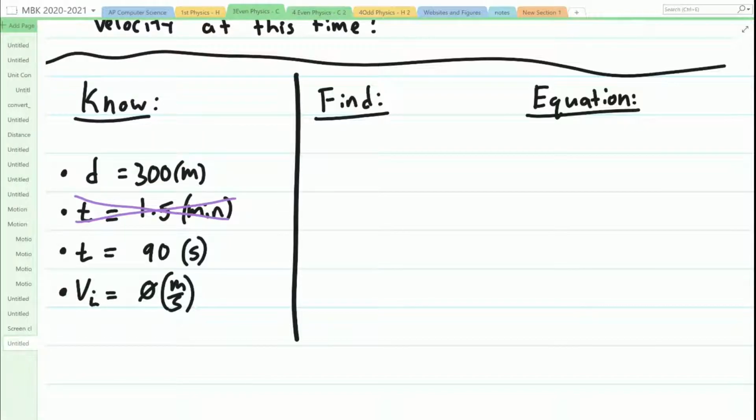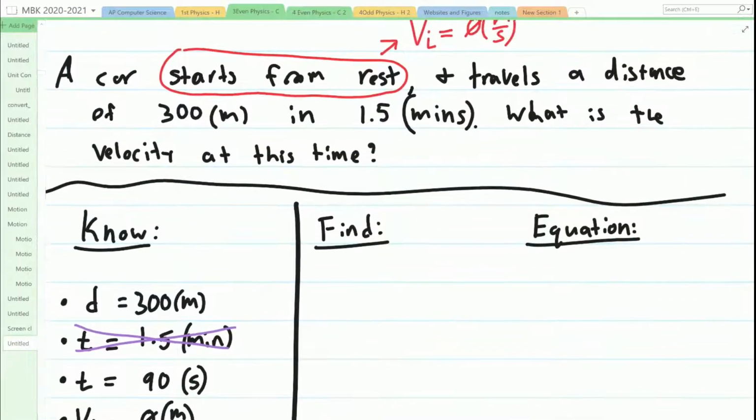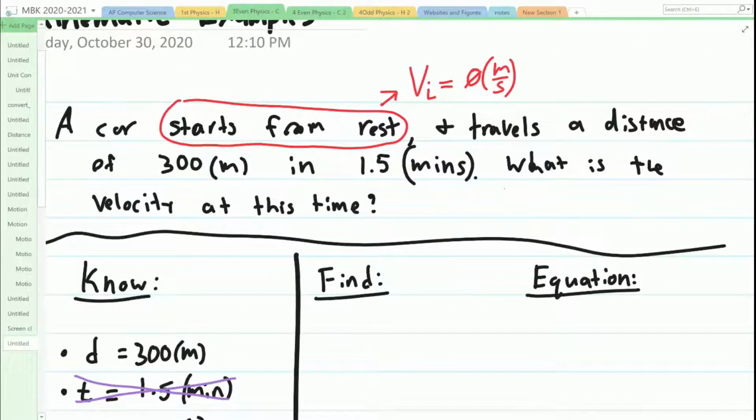Now, what is the problem asking for us to find? It's asking, what is the velocity at this time? In other words, what is the velocity at 1.5 minutes? So obviously, it's going to be a velocity. And since we've already utilized initial velocity, the only one that makes sense would be final velocity.